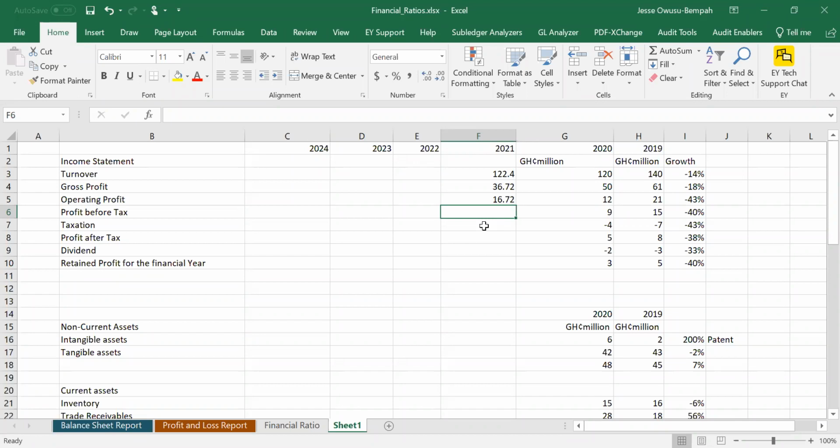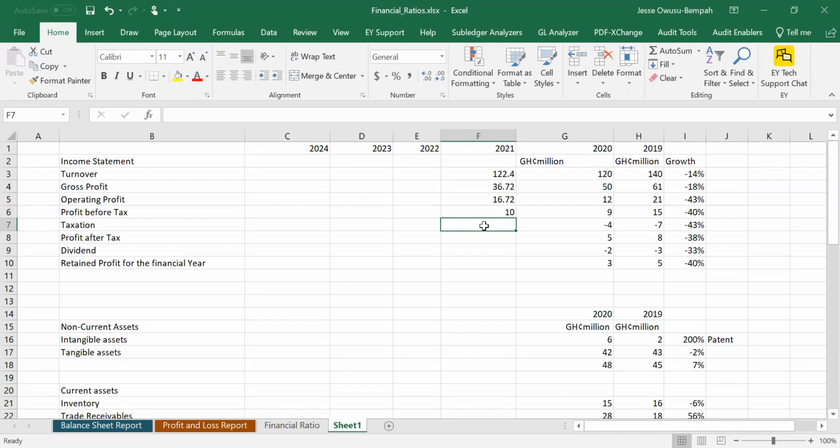They will literally tell you, okay, based on SBL circumstances, we think that their profit before tax will be, let's say, 10 million, and their tax is 30%.